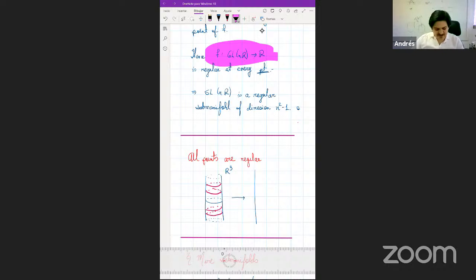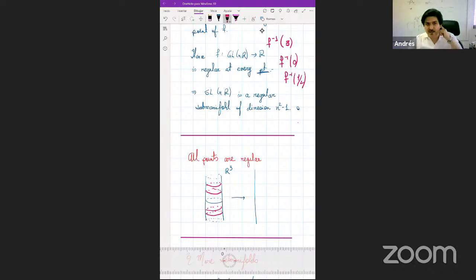Now, you should wonder, well, why don't I take the pre-image of 3, even of 0? Well, you can do that and you will get smooth submanifolds here of dimension n squared minus 1.